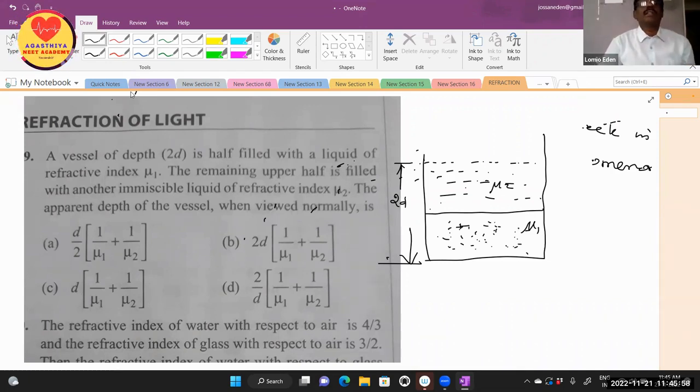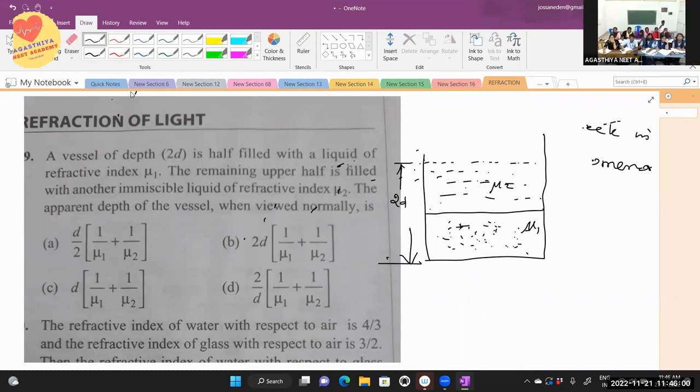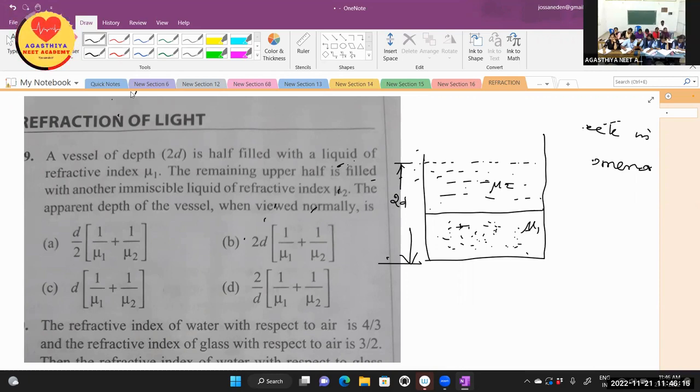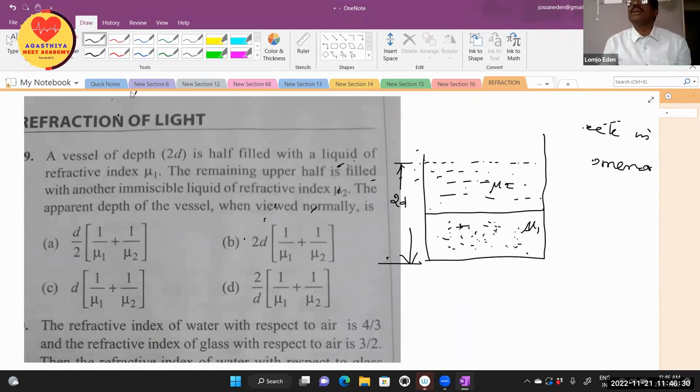Understand? The apparent depth of the vessel when you view it normally is, when you see the vessel normally, the depth appears to be lesser than the actual depth.